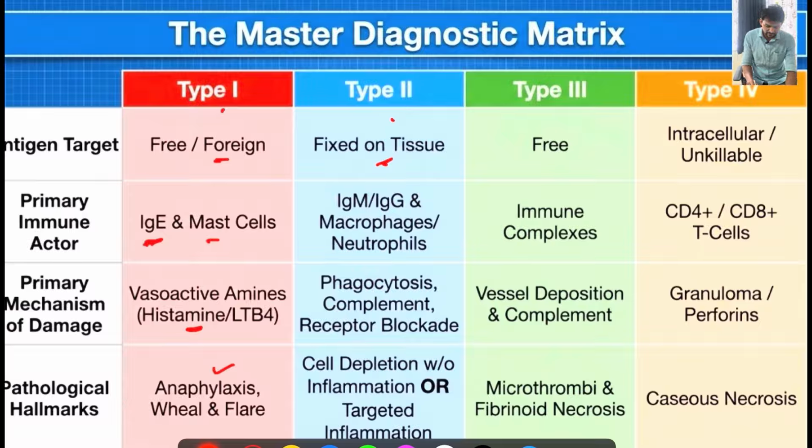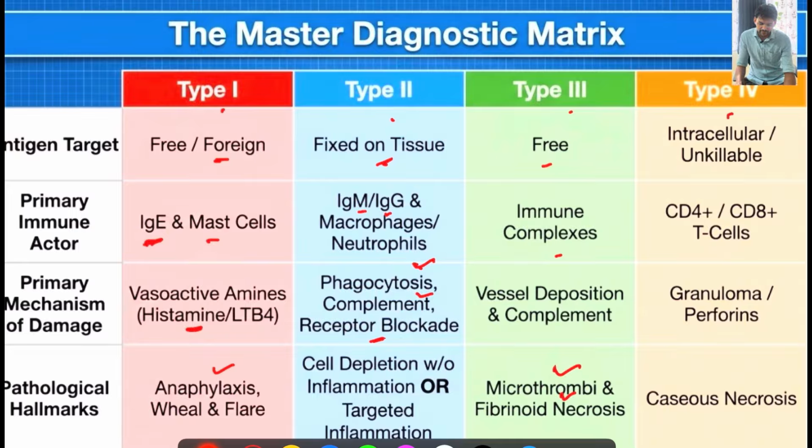You can imagine autoimmune hemolytic anemia, and antibodies such as IgM and IgG are freely floating and reach that antigen site, leading to three different types of clearance of that antigen: phagocytosis, complement activation and inflammation, and receptor dysfunction mediated mechanisms. In type 3, both antigen and antibody are freely floating and form immune complexes which escape from the blood vessel into the interstitium, leading to microthrombi and fibrinoid necrosis, which are the hallmark features.